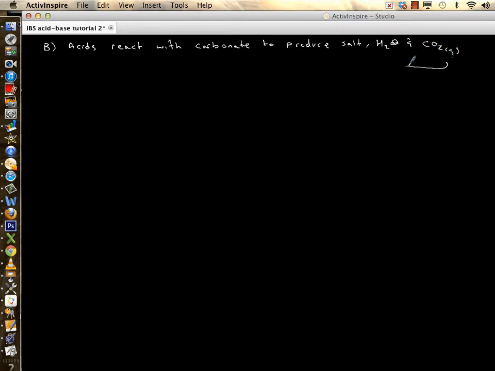Now, this reaction is known as effervescence. It produces bubbles of gas that are visible. CO2 comes up and you can see it.